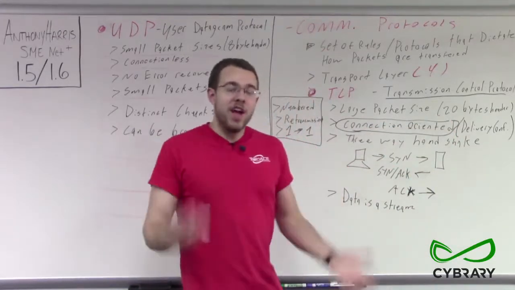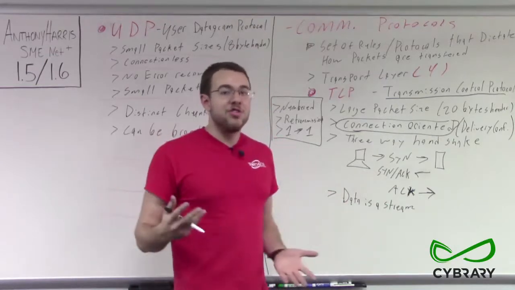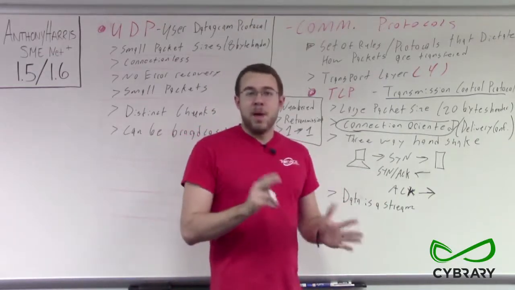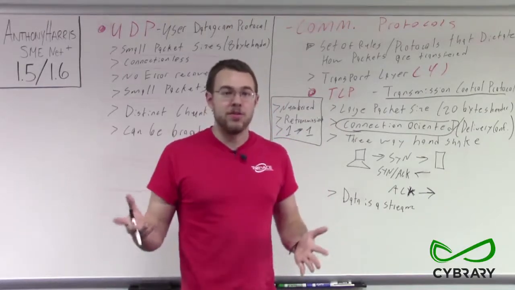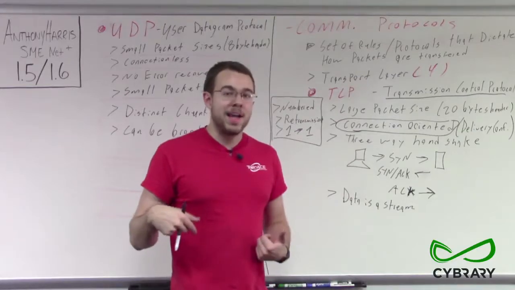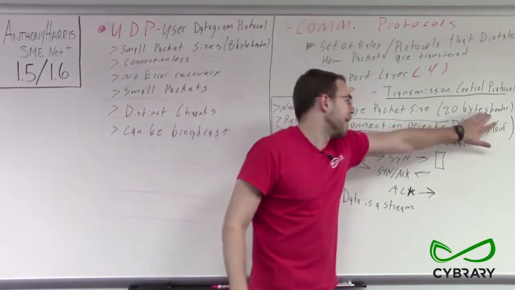The reason we have such a large header is because we need a lot more information in that header, essentially saying, okay, this is packet number such and such of how many packets I have to deliver to you, and I need you to send me back confirmation and make sure that this gets there. So our header is going to contain a lot more information.